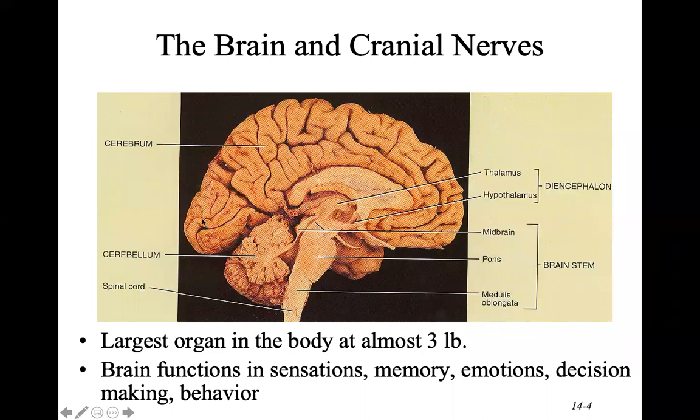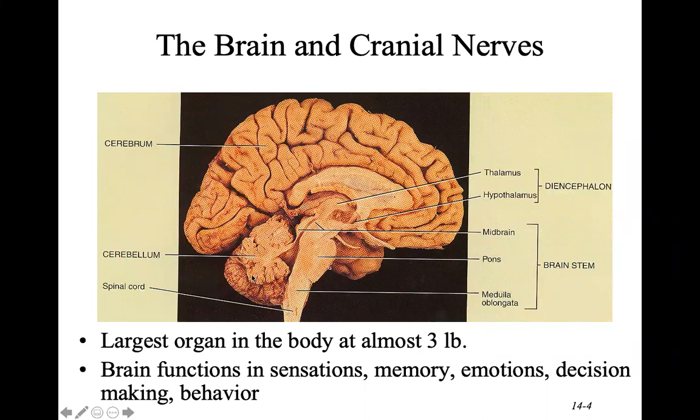The occipital lobe back here is where your visual center is, very important for vision. Your parietal lobe is more about perception, your perception about your body and all the parts of your body and where they are in space and time. That's more parietal lobe.